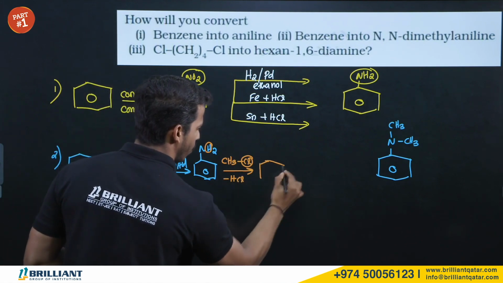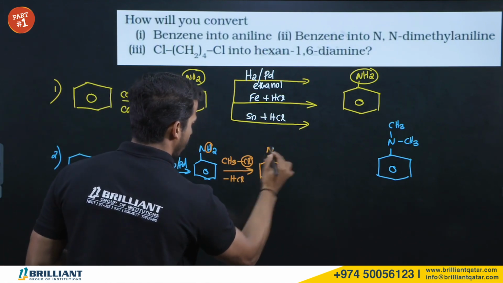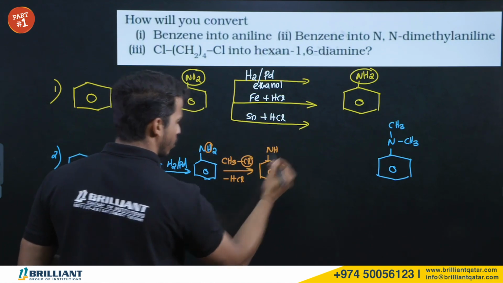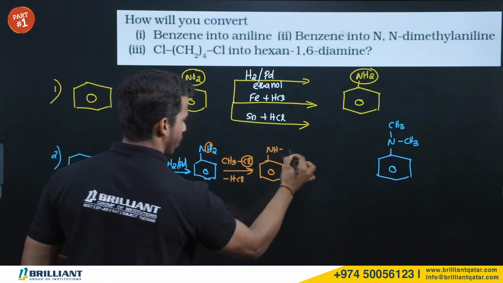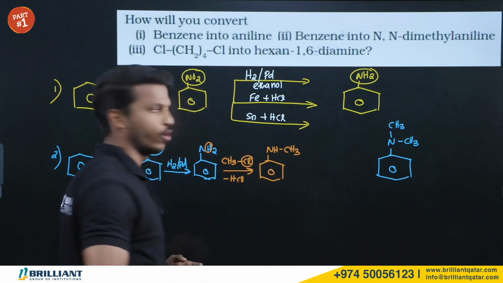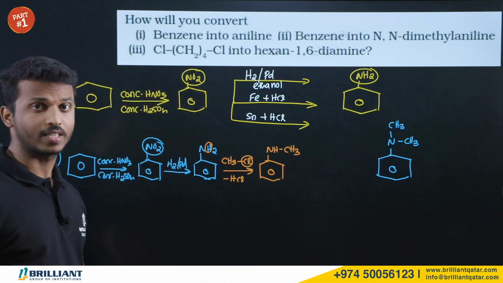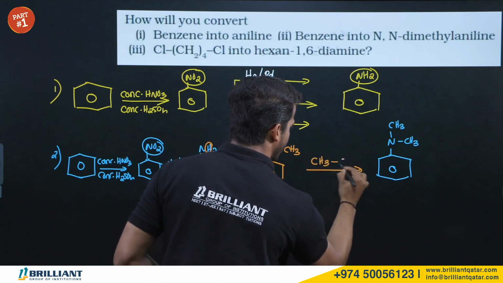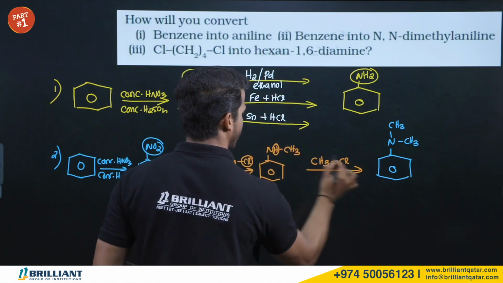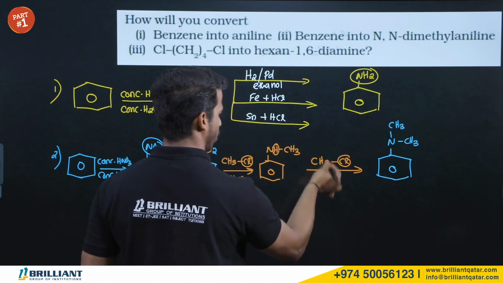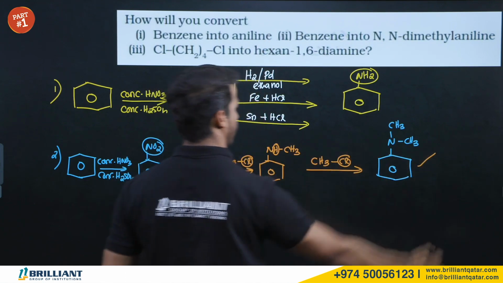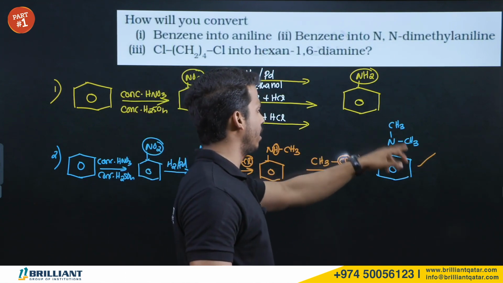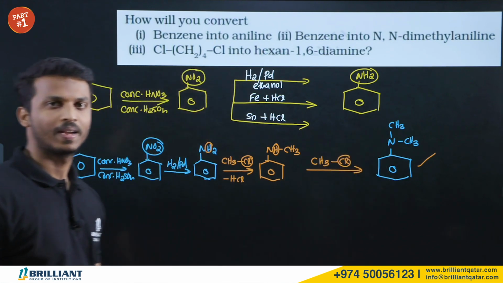So you will get the compound benzene with NH, since from NH2 one hydrogen is gone, and this CH3 group will attack. So one CH3 group, you got it. But you want 2 CH3, right? Add one more CH3Cl. Here the hydrogen and chlorine are removed, so the CH3 group will attack on nitrogen. Yes, we will get our compound N,N-dimethylaniline. Clear all of you?